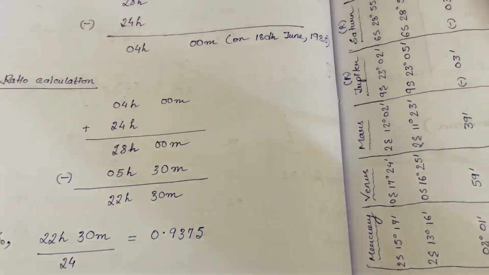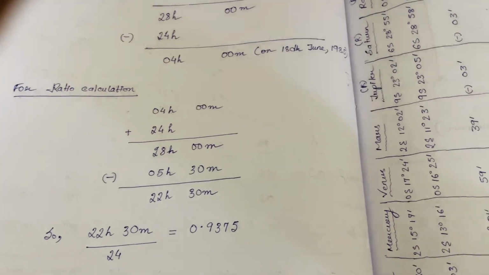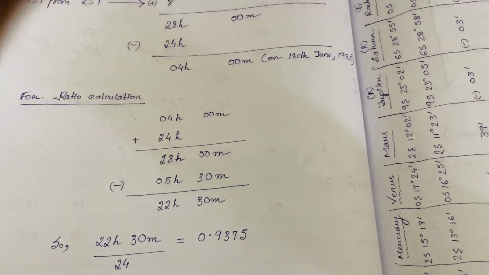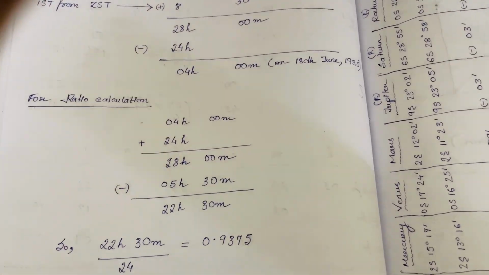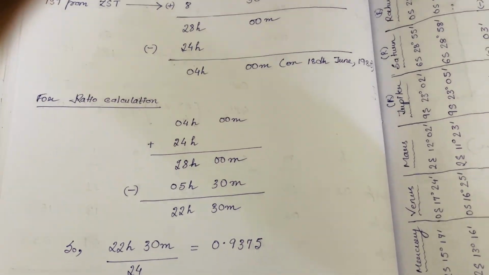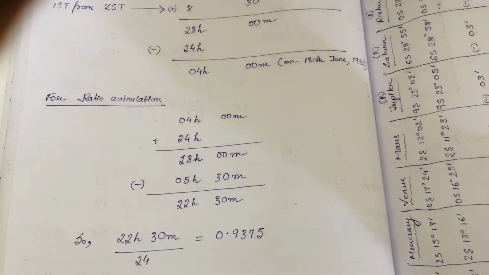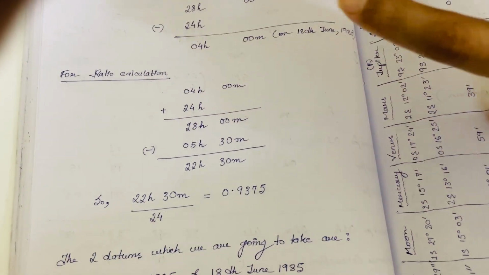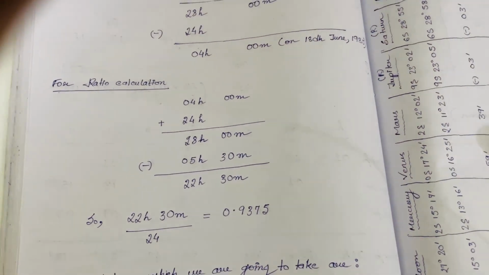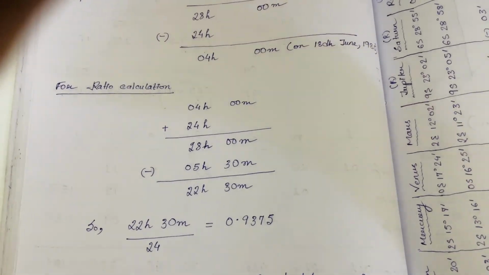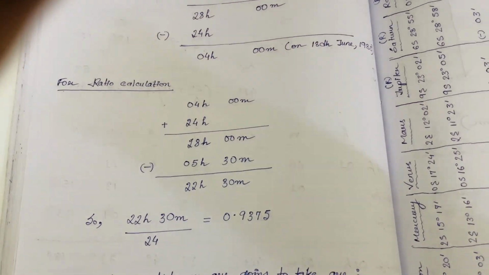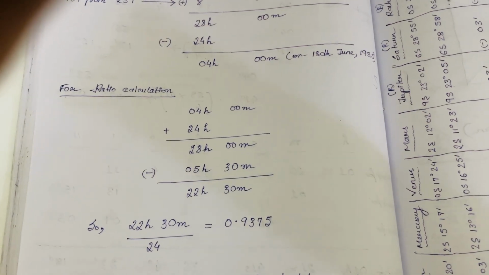So our two datums become 18th of June 1985, that is basically our day of birth in India when we are converting the entire thing into IST. And the next datum becomes 17th of June, because this is less than 5:30 a.m.